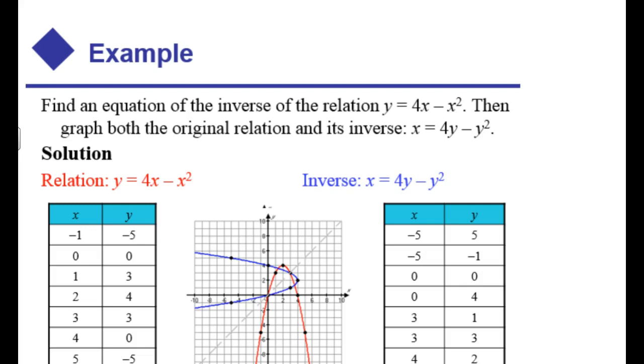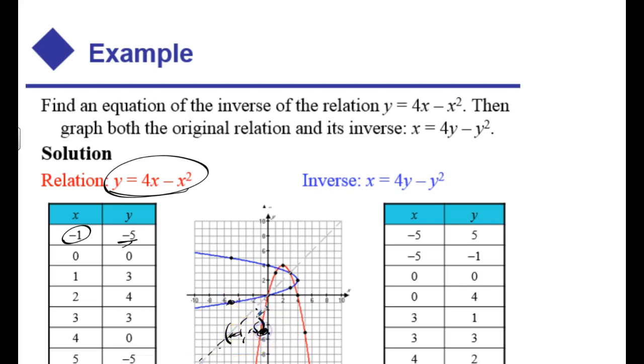If you just would have found points off of this by doing a t-chart, for example, you plot the point -1, -5, which is right here, and you find its inverse. Well, the inverse of -1, -5 is -5, -1, which is down here. So you can see this red point comes over here, and you can see that that's that nice line of symmetry.